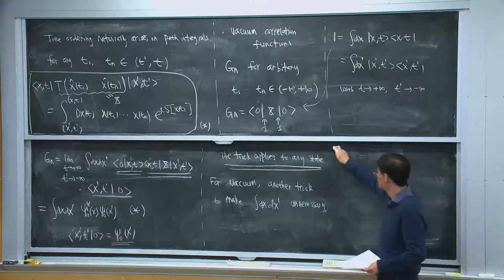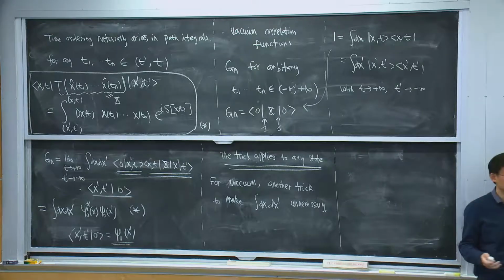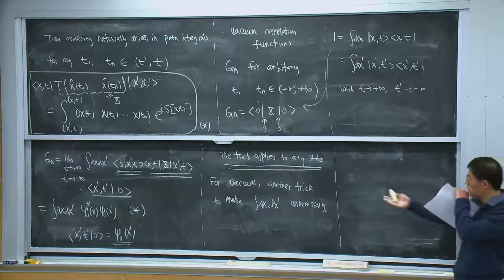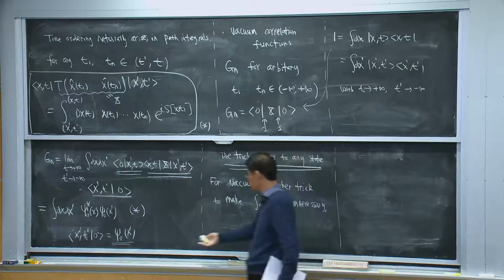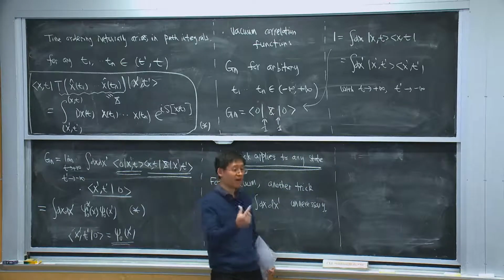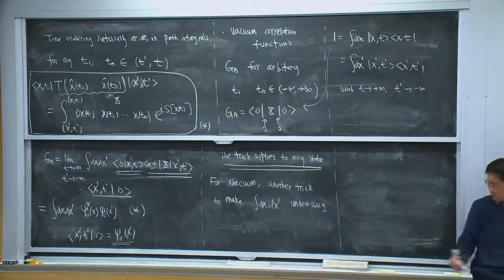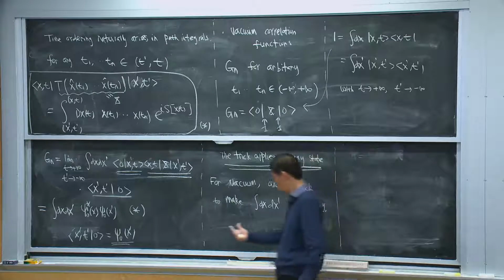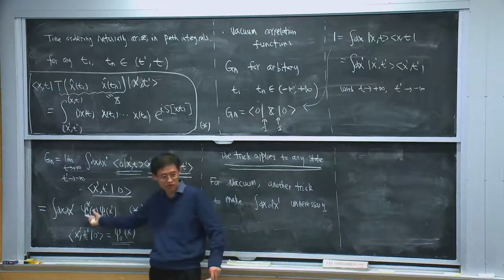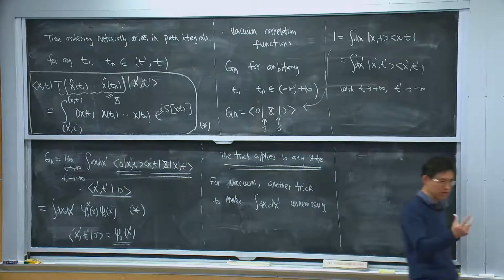So now let me tell you how you do this trick. This trick is very important also in quantum field theory. Because if you do the harmonic oscillator, of course, you know the wave function. But if I give you a harmonic oscillator where we don't know how to solve for the ground state wave function, that will be a nightmare. And for quantum field theory, in particular in the interacting case, we don't know the wave function.